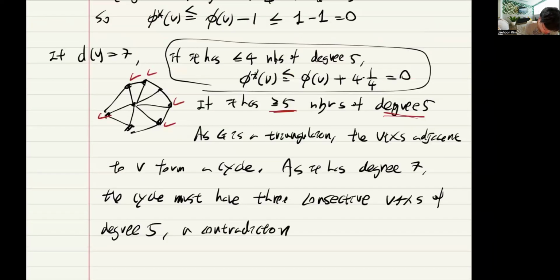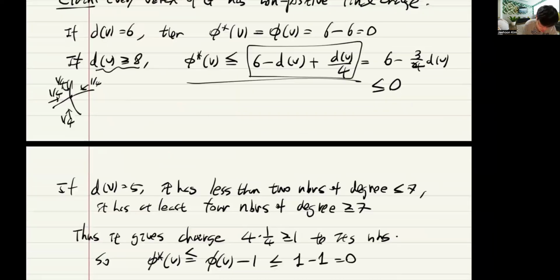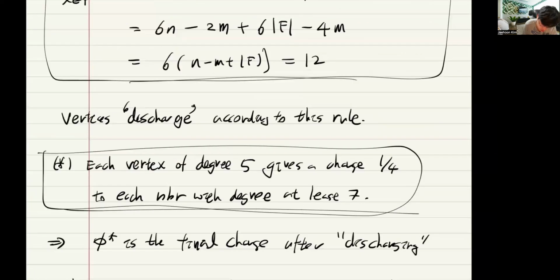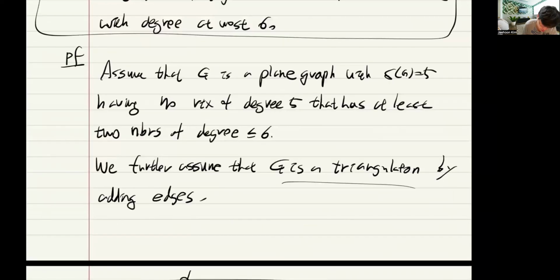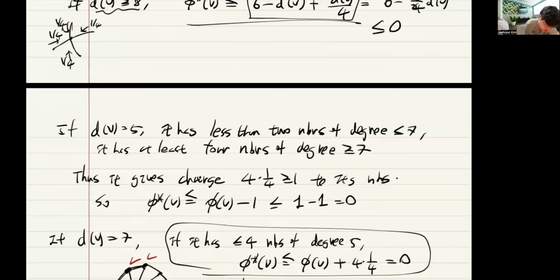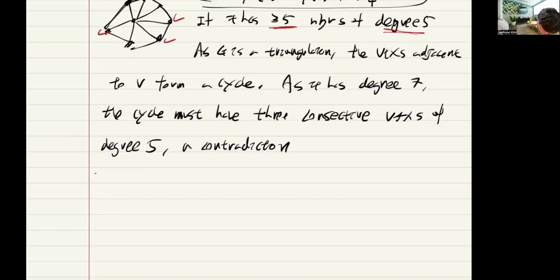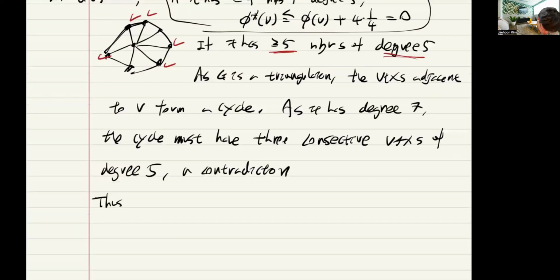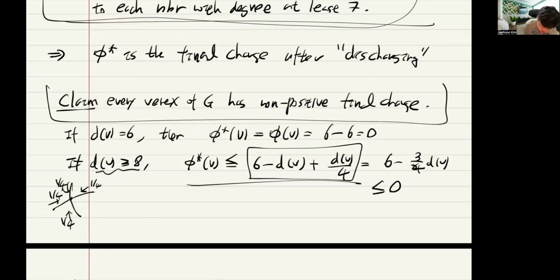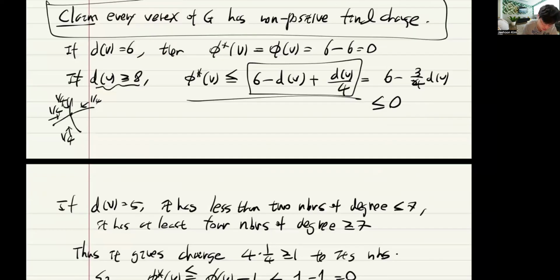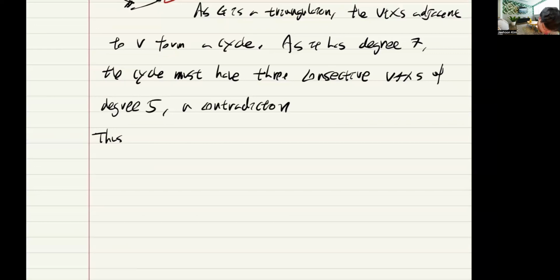We found a vertex of degree 5 whose two neighbors have degree 5, which we forbid. This shows that the claim is true. Every vertex of G has non-positive final charge. This is at most 0 for all vertices.